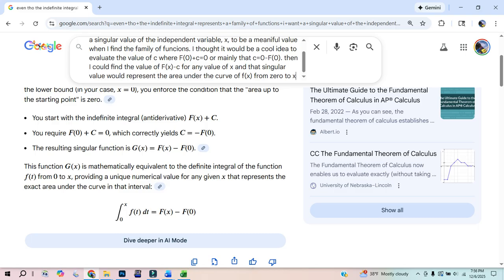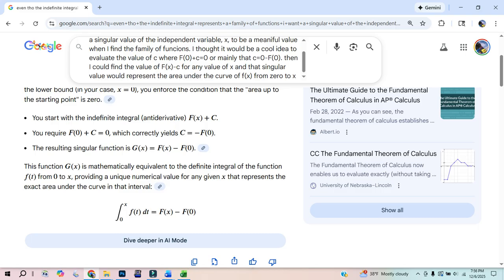And this is kind of wigging me out because they've already dropped the c value. You know what I mean? Formally this should be f of x plus c minus f of 0 plus c, and then those c's would drop out.